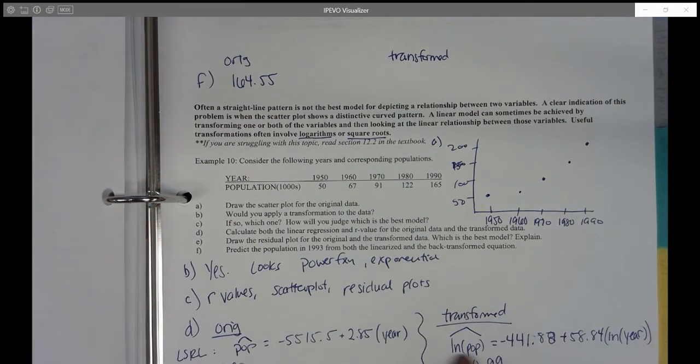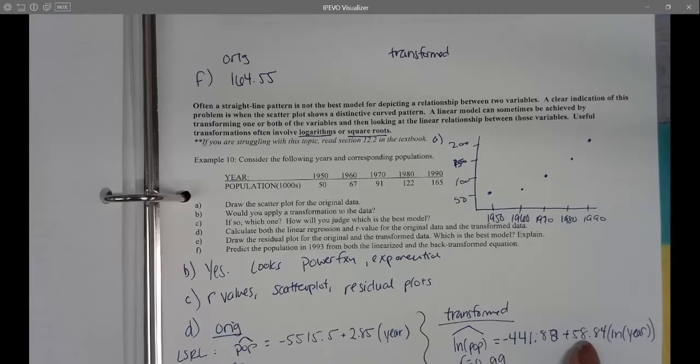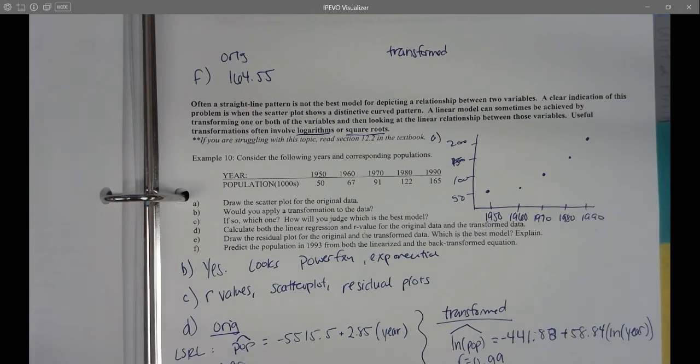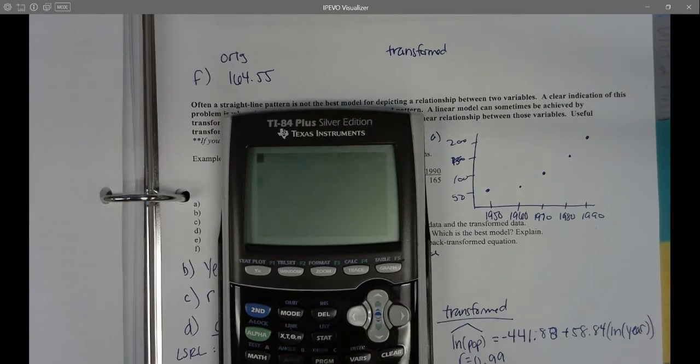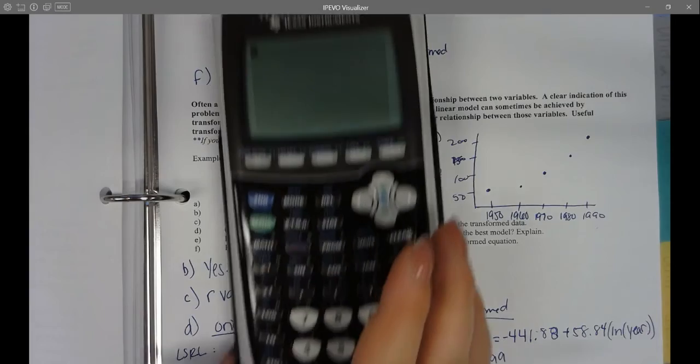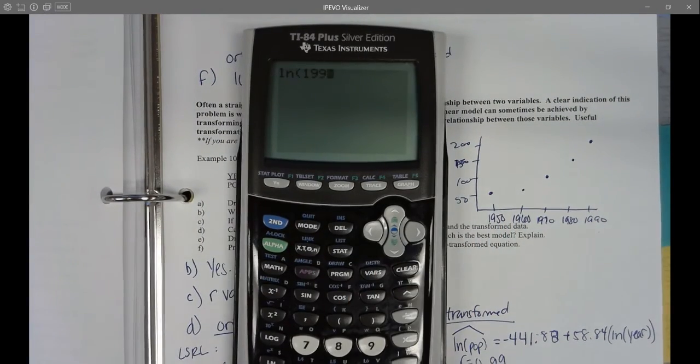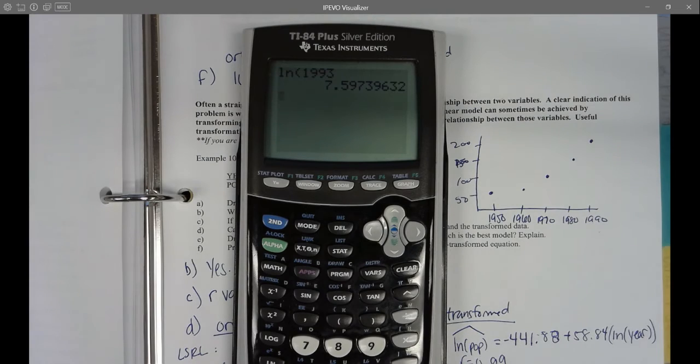When we plug it into our transformed equation, before you can plug in the year, you do need to take the natural log of the year. So we take our natural log button, right here on my calculator, of 1993. And that is the value that we will plug in to multiply by this.